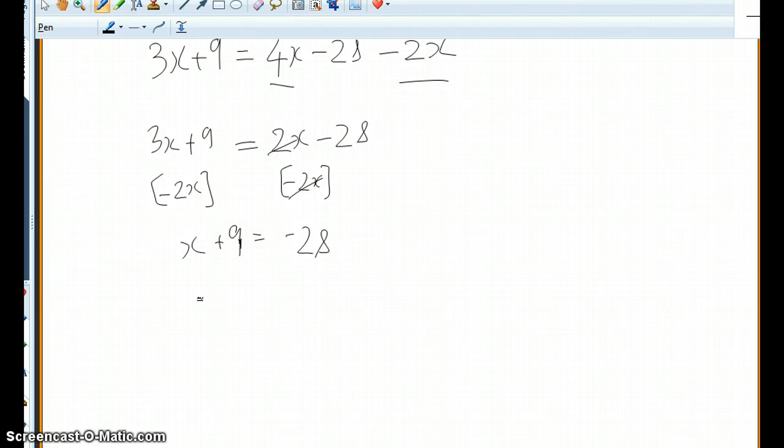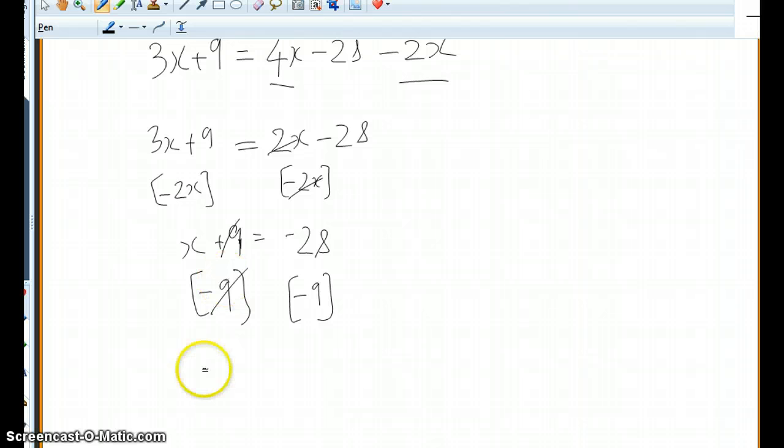Right, how do I deal with that 9? Correct, from both sides. You guys are good. That's cancelled. X is by itself. Minus 28 minus another 9. Just 19. Nope. Negative. What's that? 30.